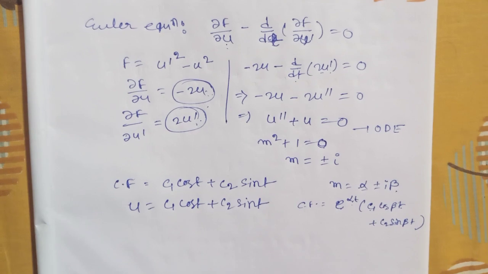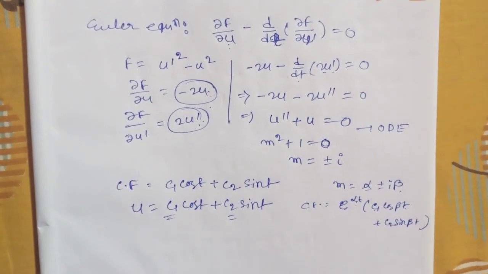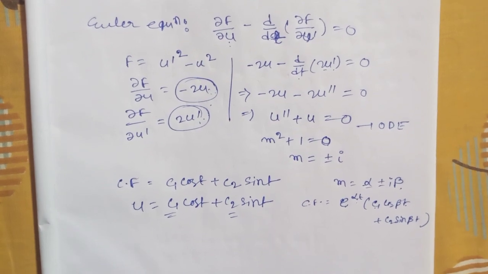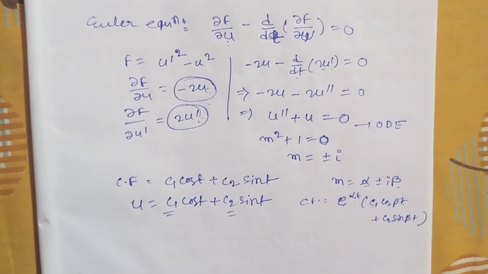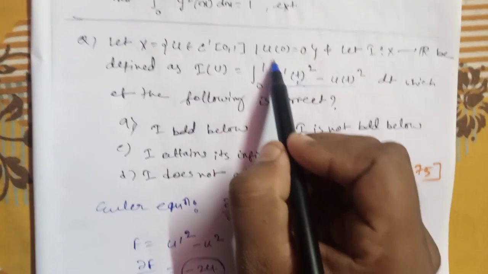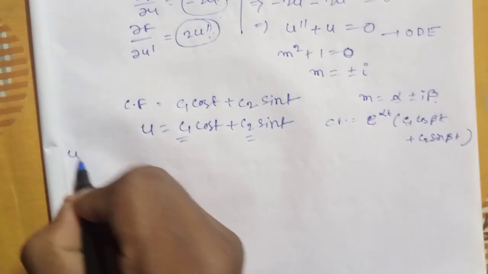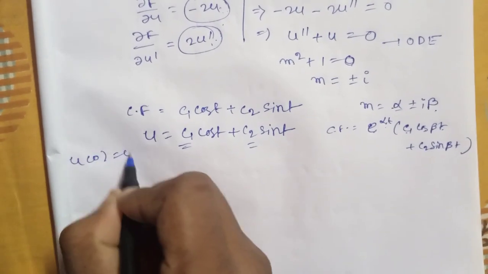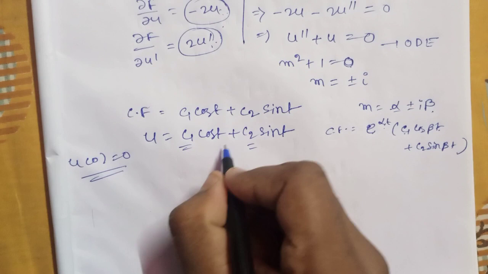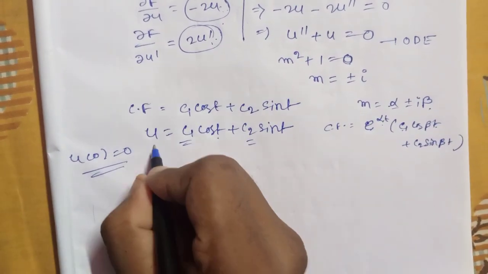Now these C1 and C2 are two arbitrary constants. To determine them, we have to use the initial condition. Now here, given that u(0) equal to 0, right? So if we put t equal to 0, then we will get u equal to 0.